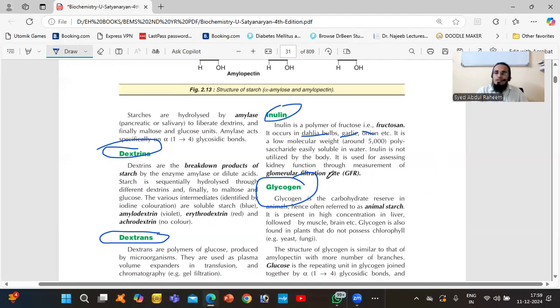So how your kidney is functioning, inulin will help determine, as an agent to know the actual function of the kidney. It is a polysaccharide.